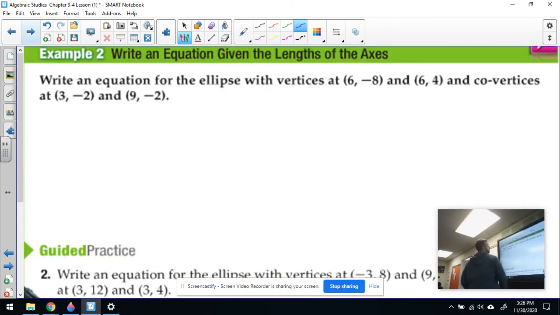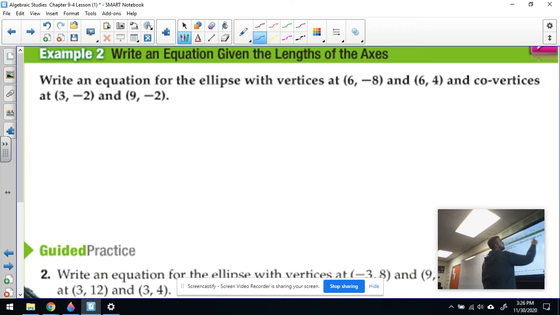Okay. All right. So let's write the equation of an ellipse with vertices at 6, -8 and 6, 4, and co-vertices at 3, -2 and 9, -2. And we can figure out our center. Doing these long enough, you start noticing the same sort of thing.